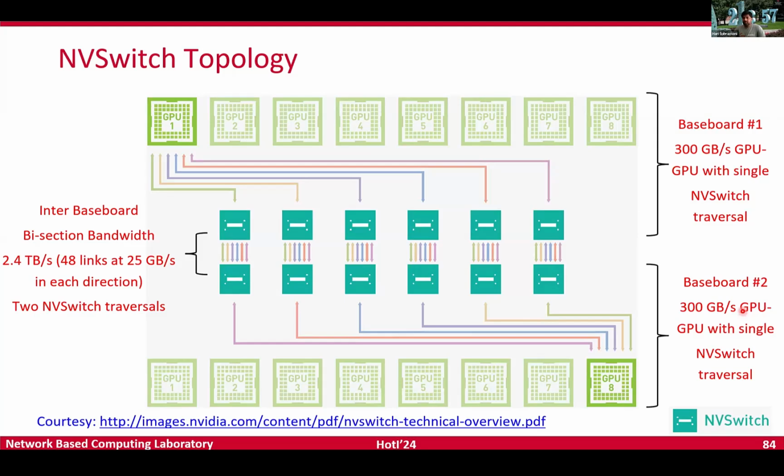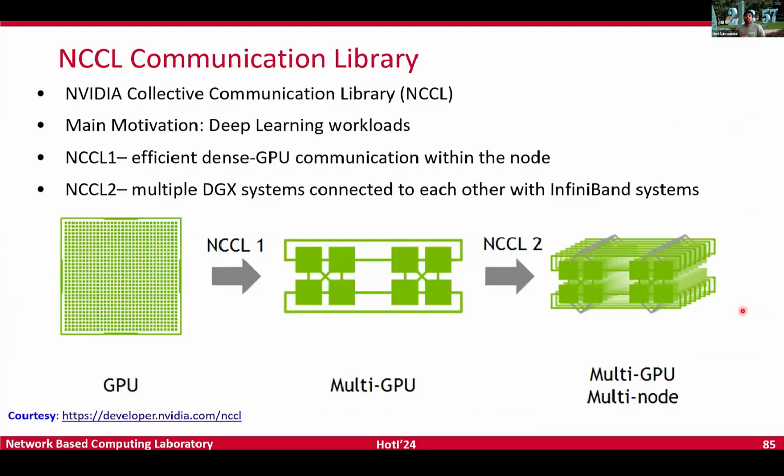And once these kinds of solutions are made available, you also need software capability to go over these. So as I mentioned, we were one of the first in the community to come up with GPU-aware communications. Since then, various vendors have come up with extremely optimized solutions for GPU-based communication. NCCL, or NVIDIA's Collective Communication Library, is one such solution.